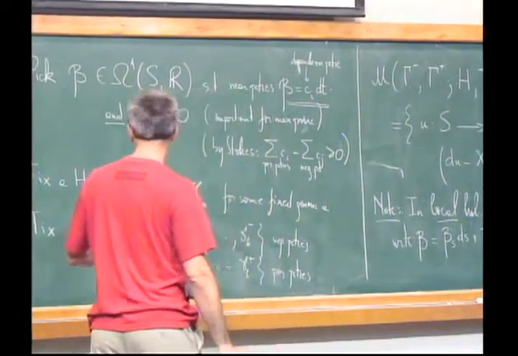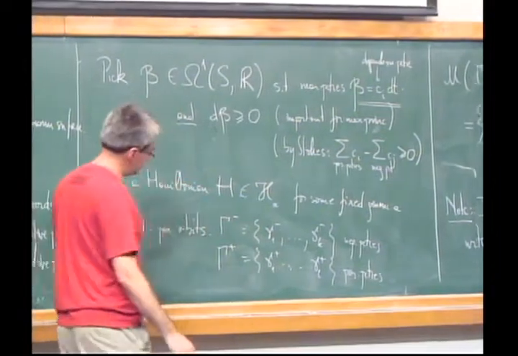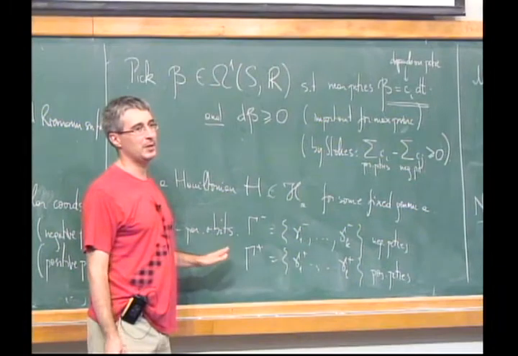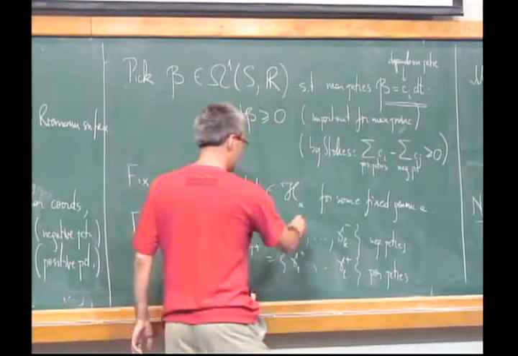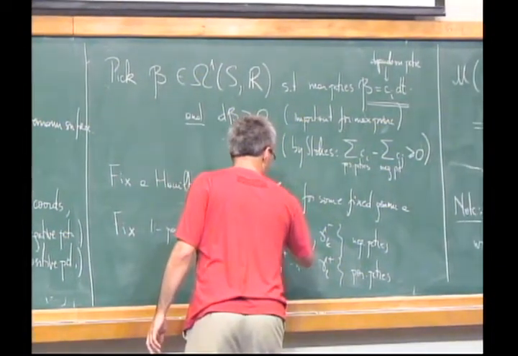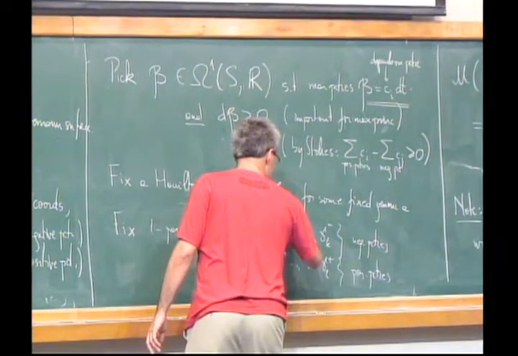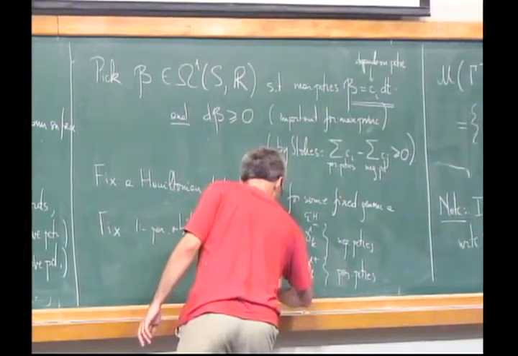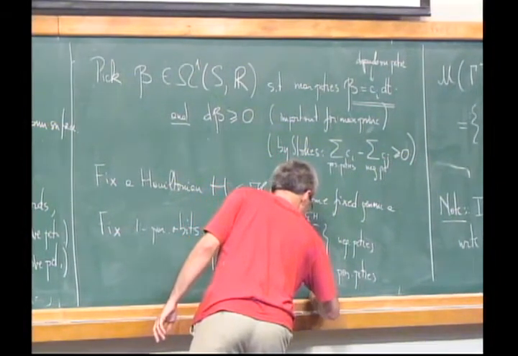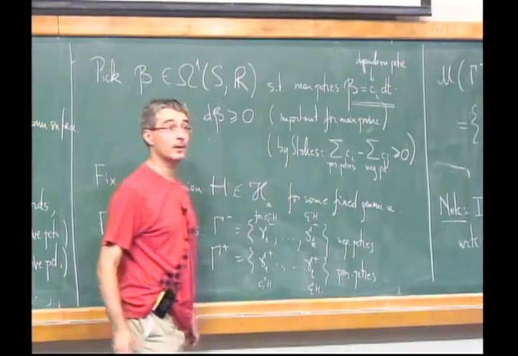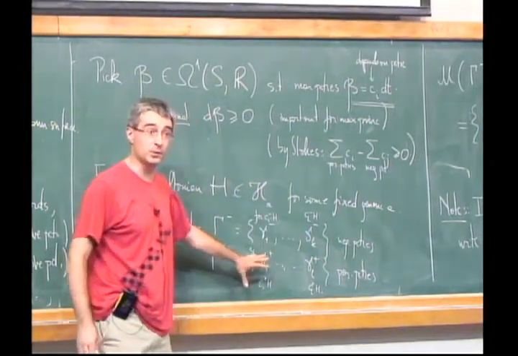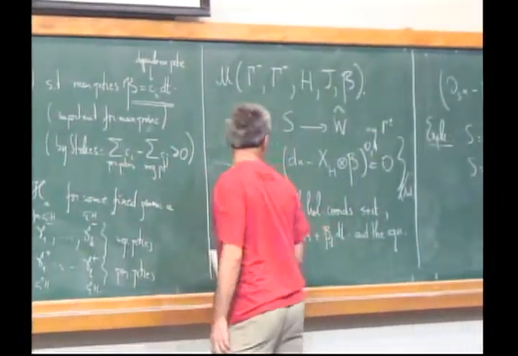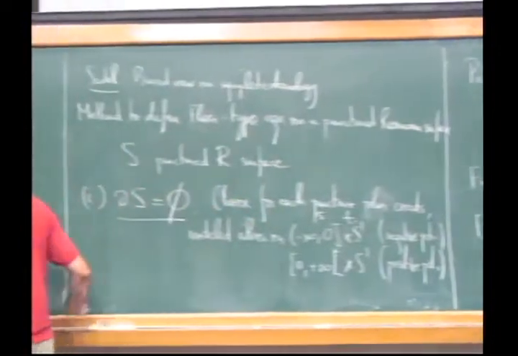It means that these one-periodic orbits are not one-periodic orbits of the fixed Hamiltonian H. This one is a one-periodic orbit for C1 minus times H, this is CK minus times H, this is C1 plus times H and CL plus times H. That's how it goes, and the count of elements is going to define a certain map.